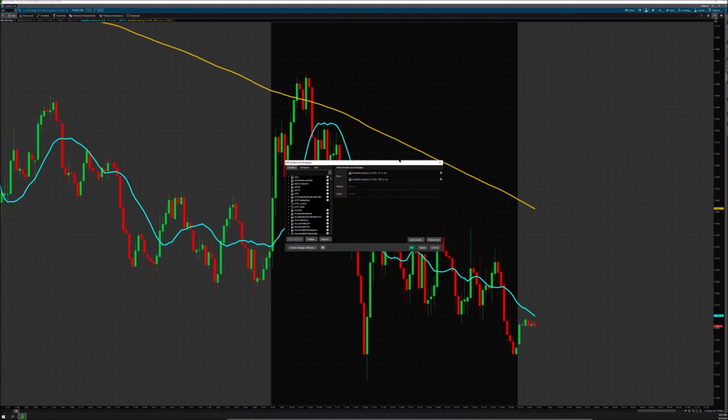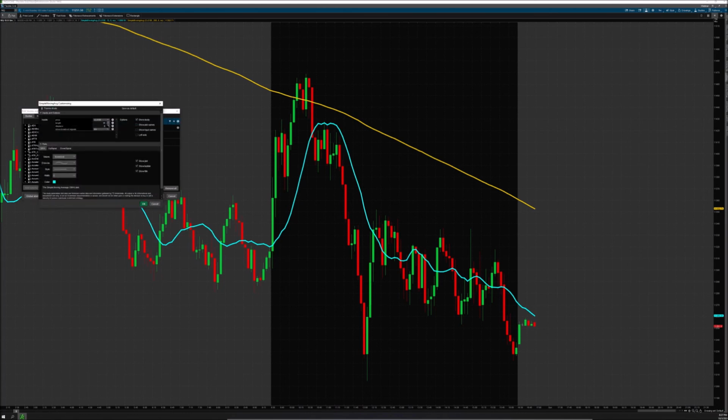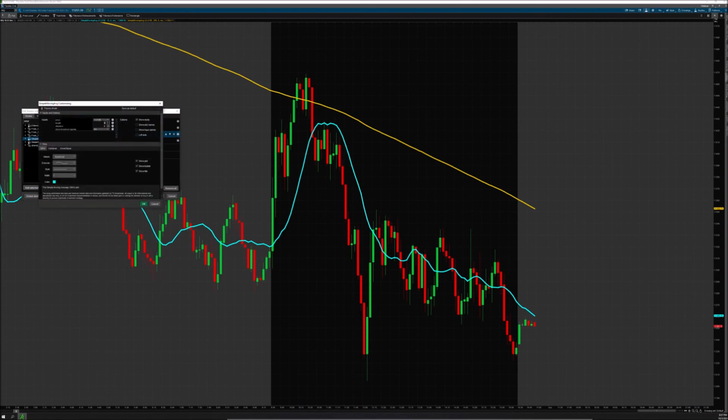So now we're gonna go to some of my favorites, which are a little bit more advanced, of course. We're gonna take the 15 and turn that into a 13. We're gonna add two more. We're gonna add the 21.